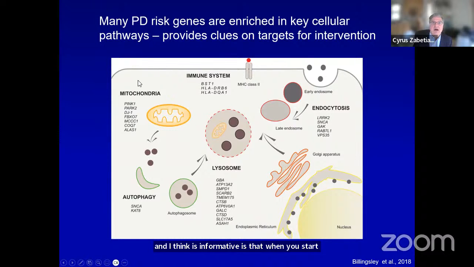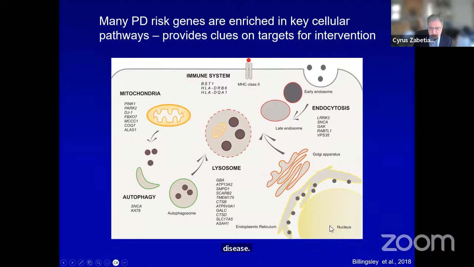In other words, when there's a biological pathway like mitochondrial function or lysosomal function where you get multiple GWAS hits in different genes, that gives you a clue that that pathway is important and underlies the pathogenesis of the disease. And that provides clues on targets for future intervention.